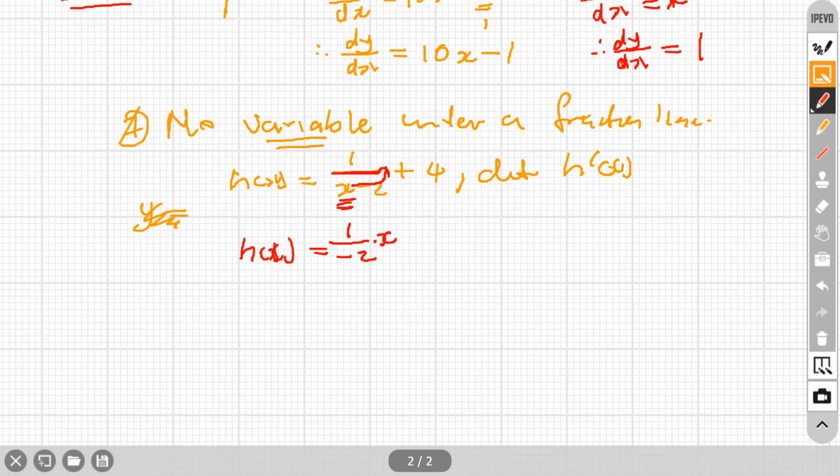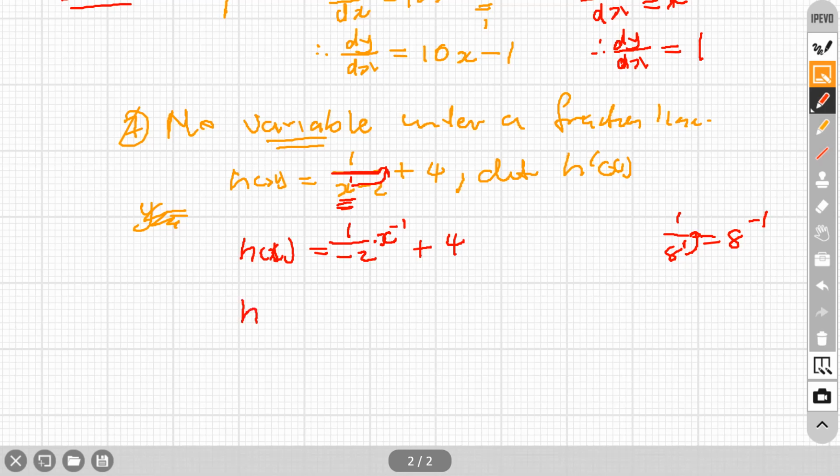Remember, whenever you have something like 1 over 8, it's similar to 8 to the power of negative 1. So here 8 had the power of positive 1. When you bring it on top, the power becomes negative. So the power of this x is 1 here; when you bring it on top, it's going to be negative 1. Plus the 4. So now we're in the position to differentiate.